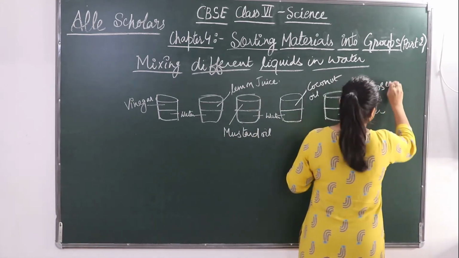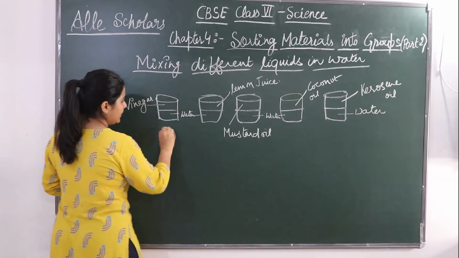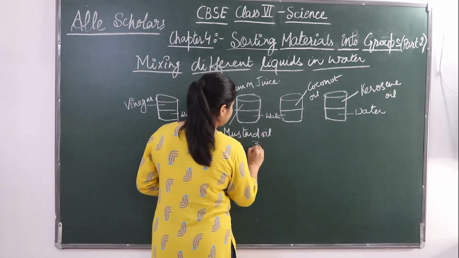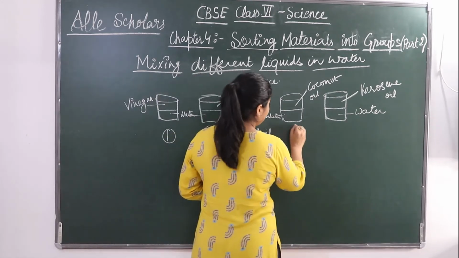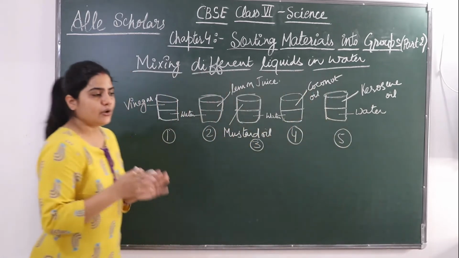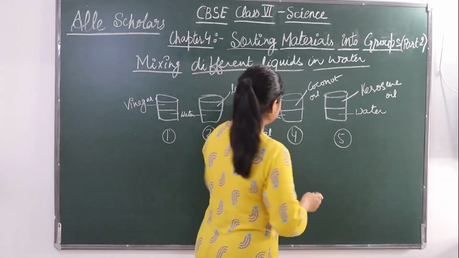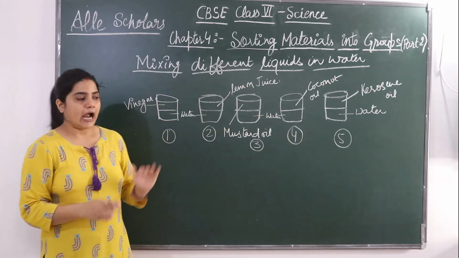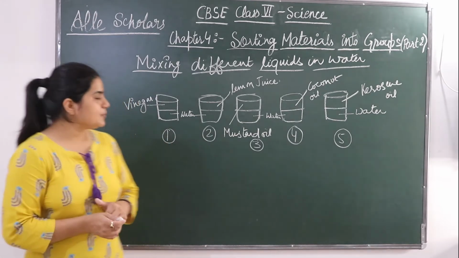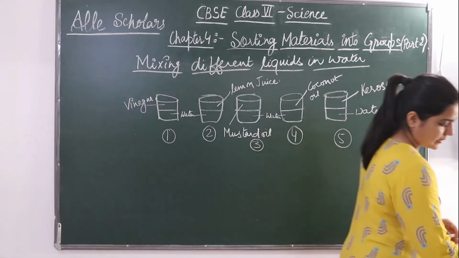So total we have taken 5 tumblers. 1 for vinegar and water, 2 for lemon juice and water, 3 for mustard oil and water, 4 for coconut oil and water, and 5th one is kerosene oil and water. Now what we have to observe, we need to again stir it well and keep it for a few minutes, and we have to observe which liquid mixes with water and which does not mix.